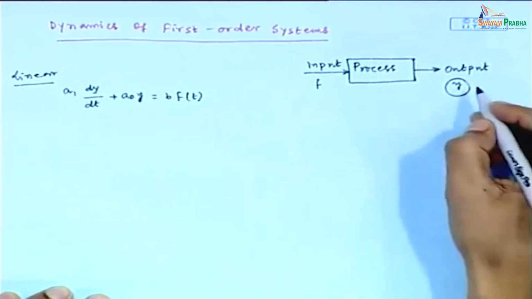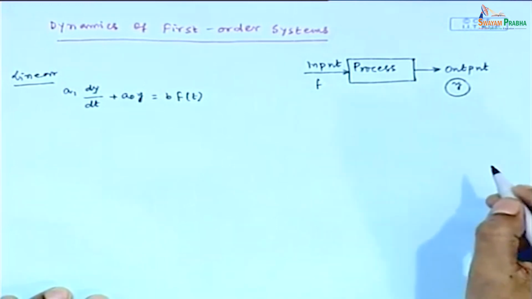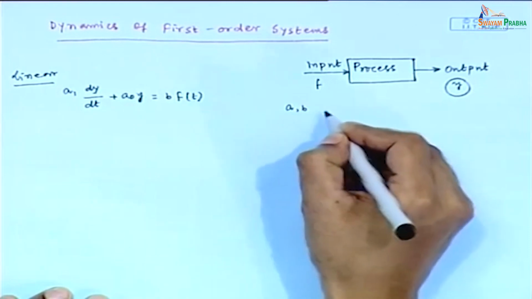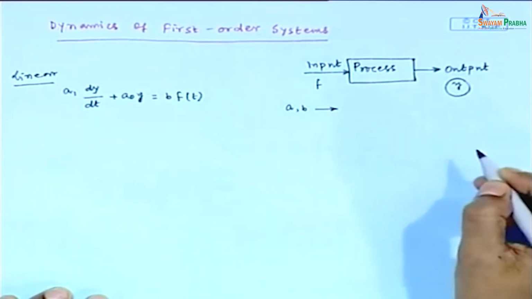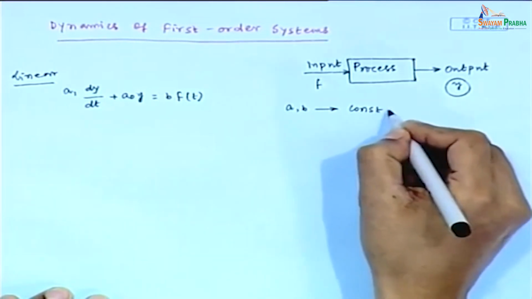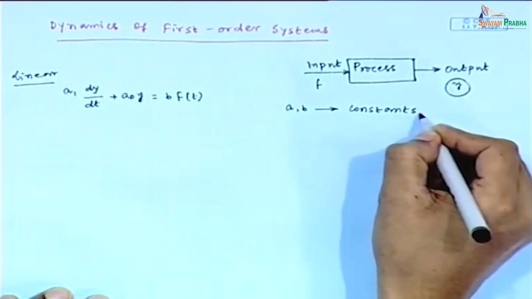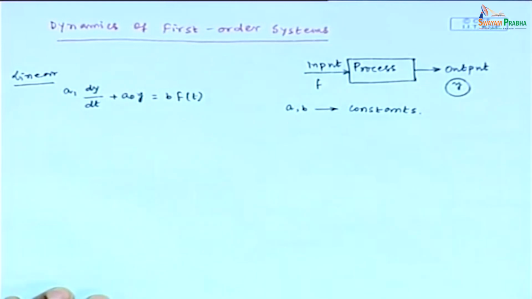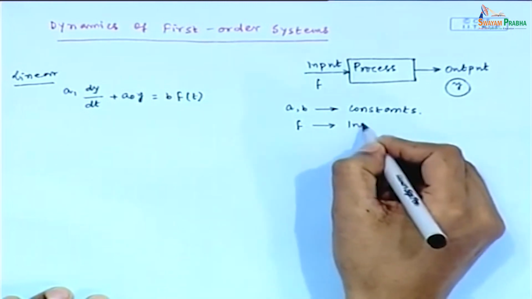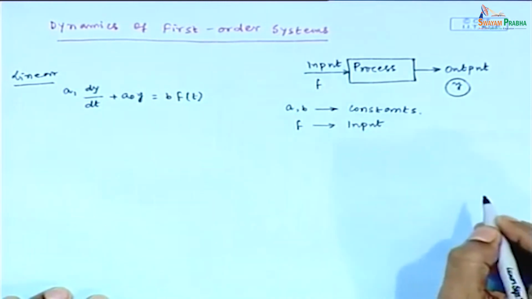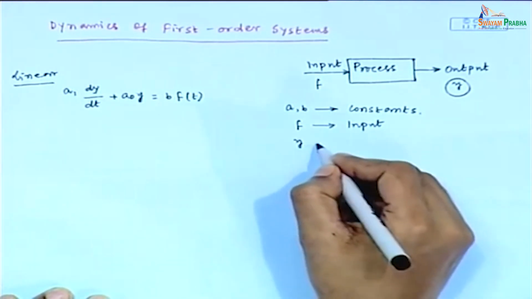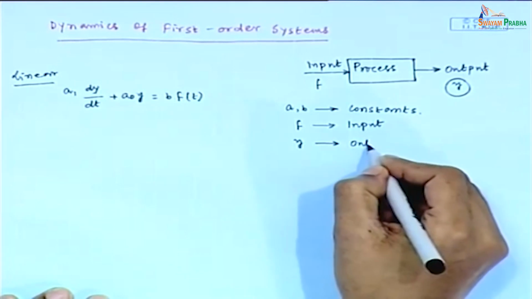Definitely y is also a function of time. Now, in this equation a and b both are constant coefficients. f is the forcing function or input and y is the output.